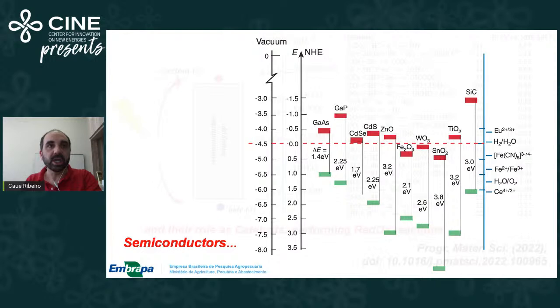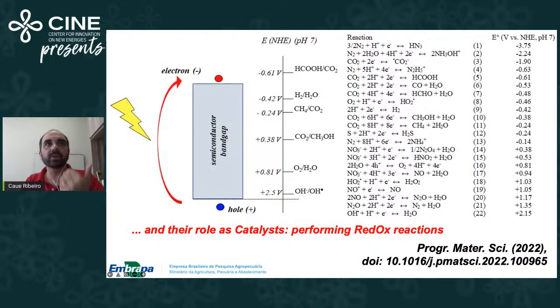You can see a list of different reactions that can be performed by the irradiation of semiconductors. The requirements are the transference of the electron to the surface to produce a reduction reaction, and the transference of the hole to the surface to produce an oxidation reaction.